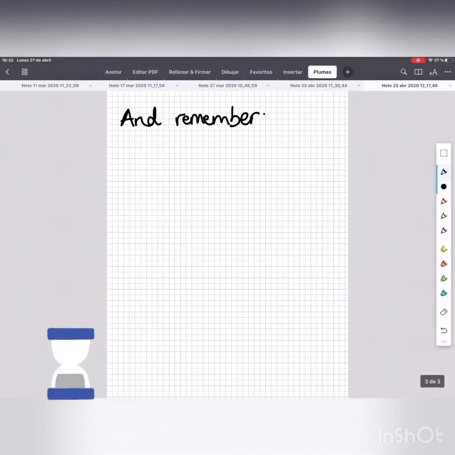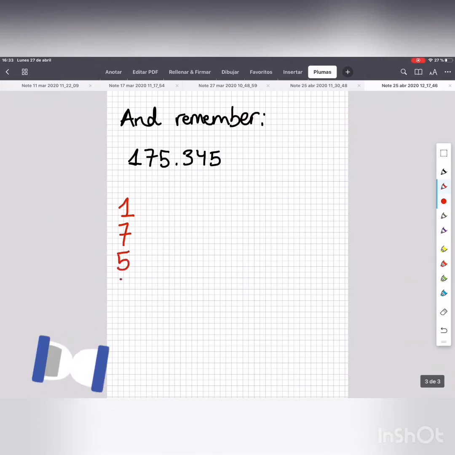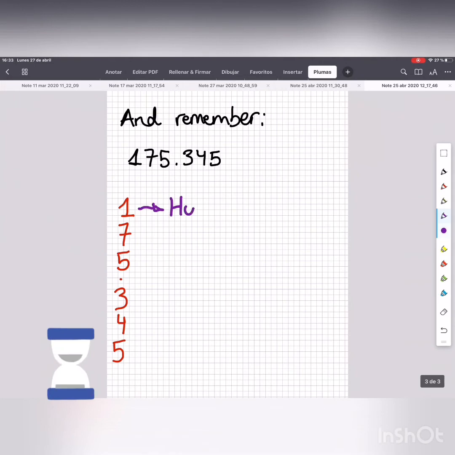Also, we have to remember the different places where numbers can be written in an operation. For example, this number. Now we will put all the numbers on the left to see it more clearly. The 1 will be placed in the hundreds place.